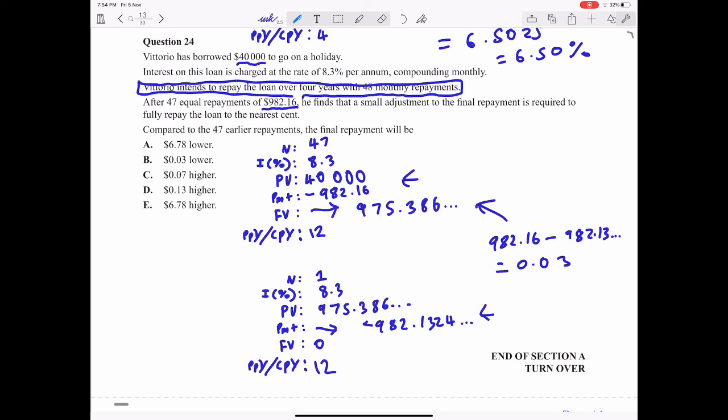So therefore we know that the new repayment is $0.03 less. Sorry, that's rounded to decimal places, but it should be 0.02757. And when you round it to two decimal places, it's 0.03, because all the answers are rounded to two decimal places. So therefore, our new repayment is 3 cents less than the previous repayment, as we can see. So therefore, B is the correct answer.